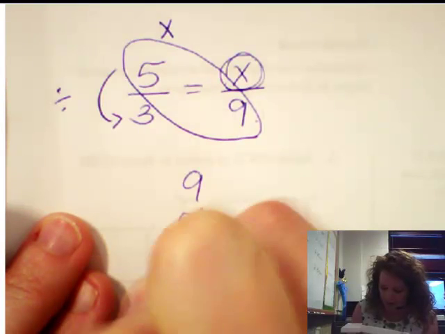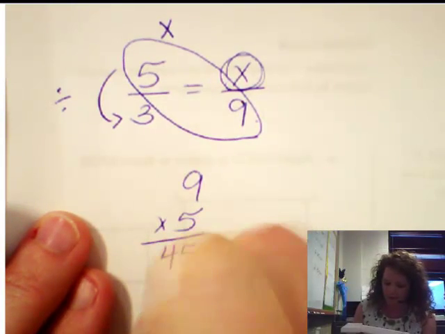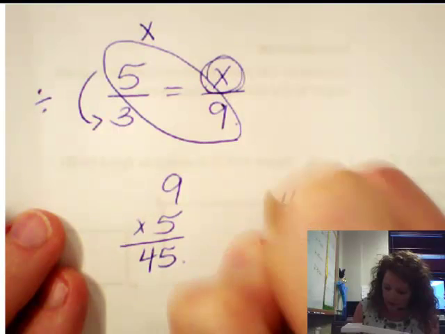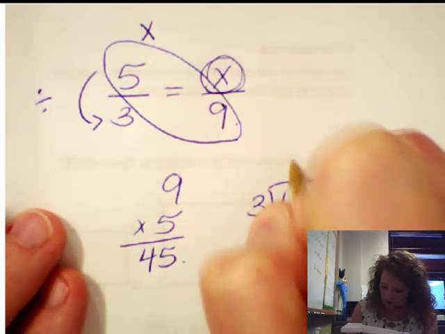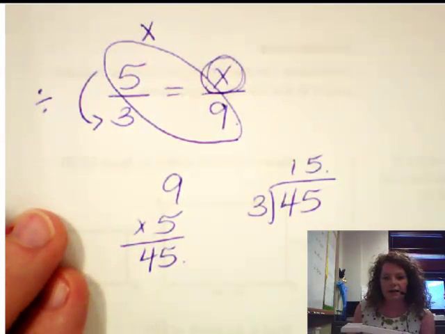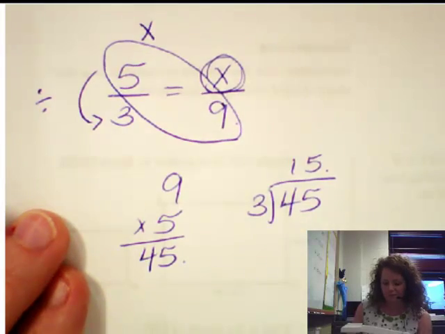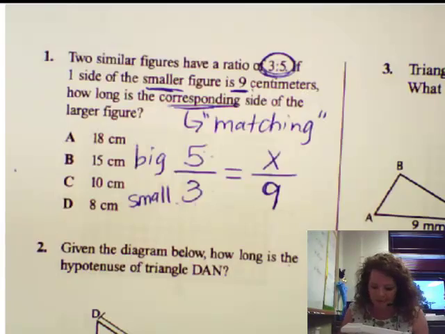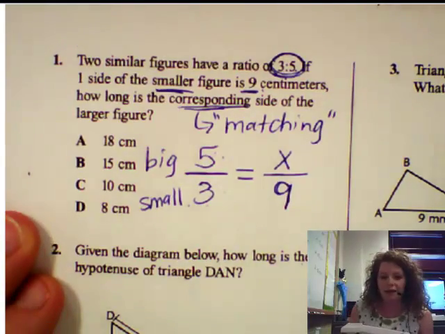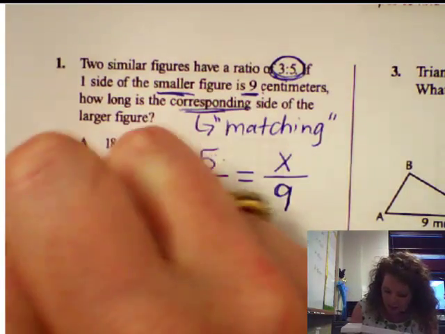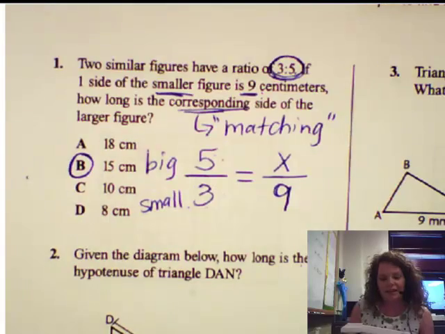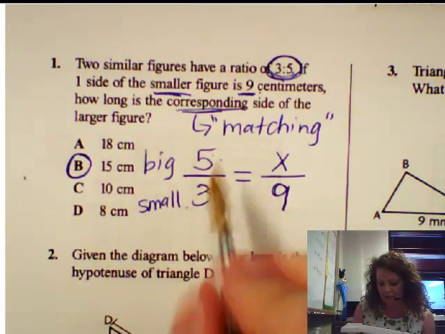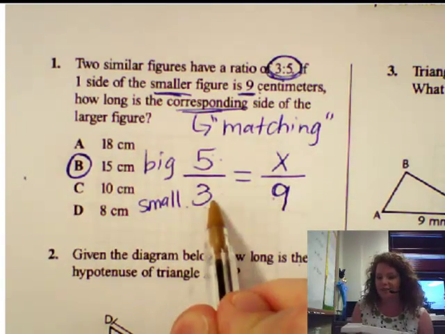You work yours out, I'll work mine out, we'll see what we get. 45 divided by 3 is 15. Get 15. Okay, let's go see if that's an answer choice. Going back to number 1, how long is that larger side? Sure enough, it's 15 centimeters. Again, the math part of this is easy when we multiply and divide. It's setting it up that's tricky.